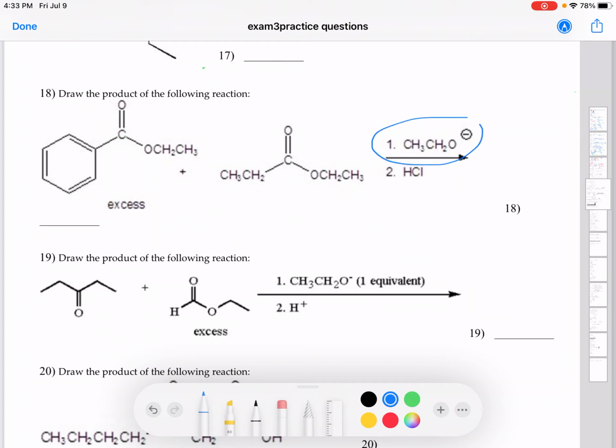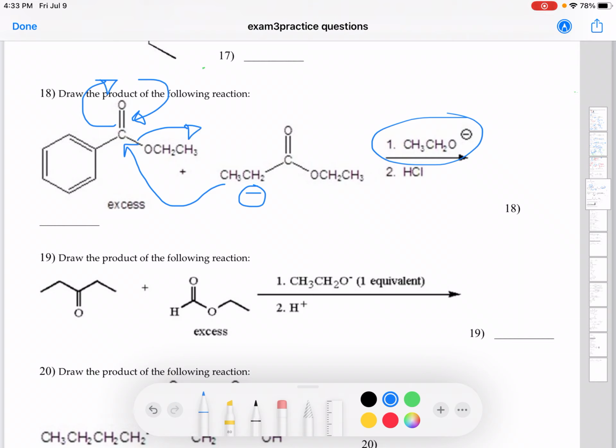So the methoxide is the base, so it will grab the hydrogen from that alpha carbon, and then this would react with this carbonyl group. The carbon-oxygen pi bond will break and form O minus. Once that forms, it would reform the carbon-oxygen pi bond, leaving this ester group.